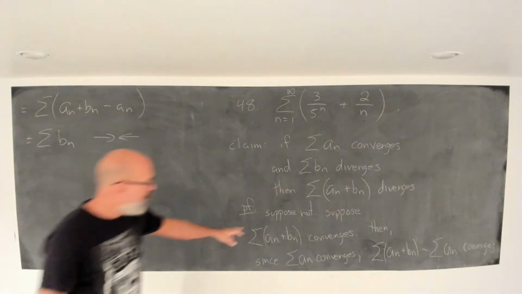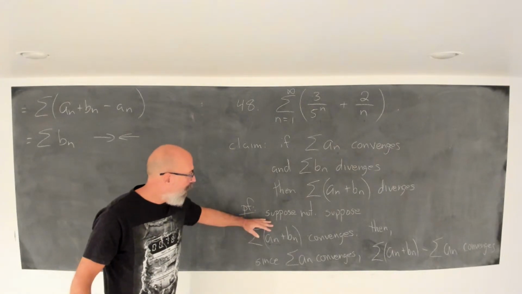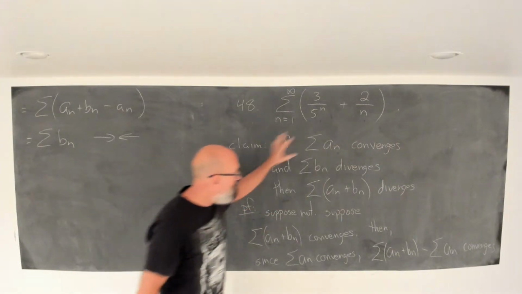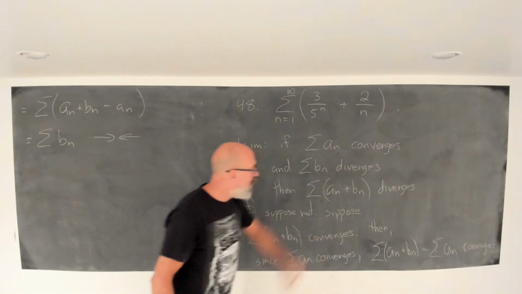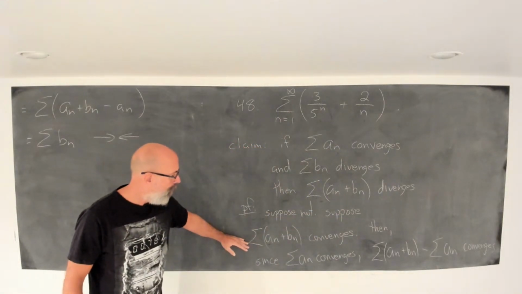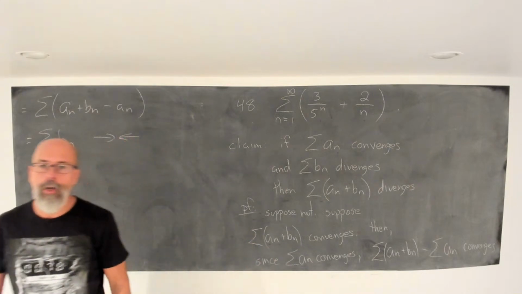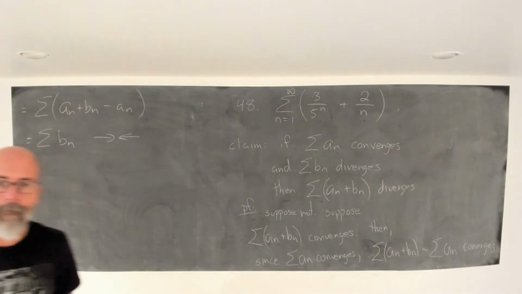Well, it's a proof by contradiction, right? So if we suppose that the statement is false, then this should converge, but we quickly run into a contradiction.